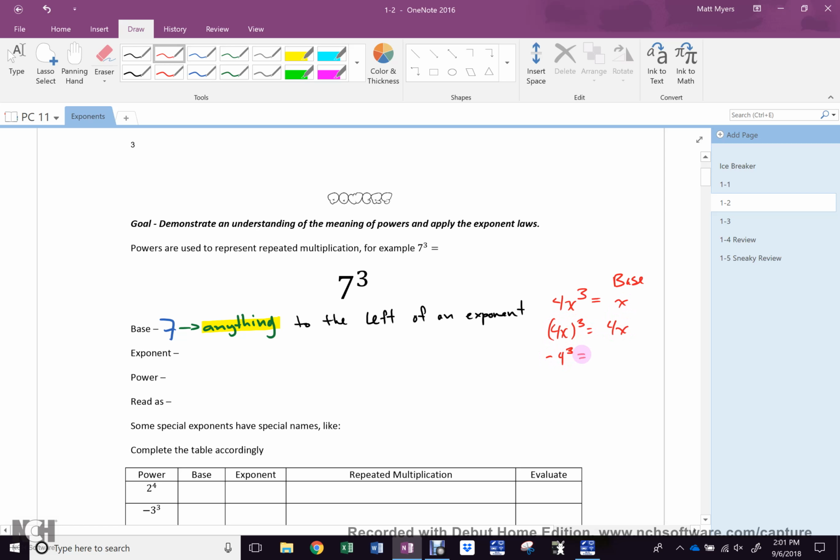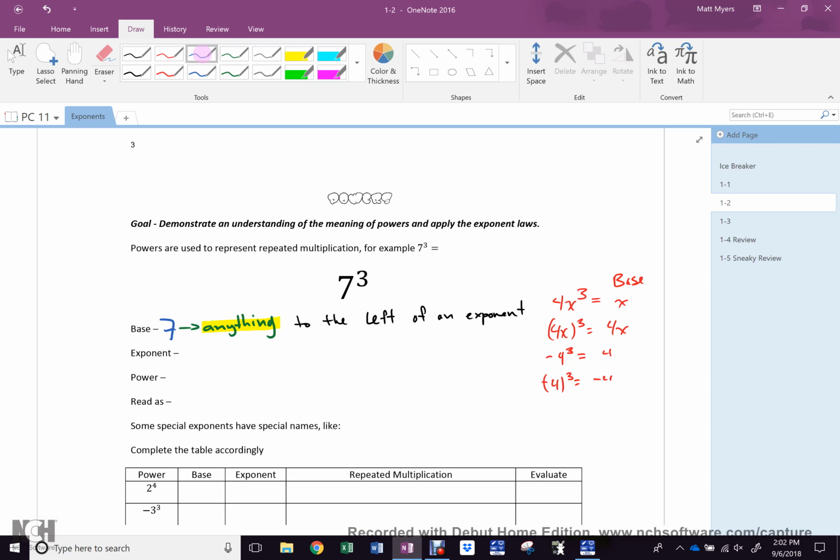What's the base? 4. Negative 4 cubed. What's the base? Negative 4. It is only what is immediately to the left, unless there are brackets involved. Does everybody remember that? Everybody who was in my grade 10 class told me they remembered that too, and then I gave them a test on it. Right, Jordan? Okay.